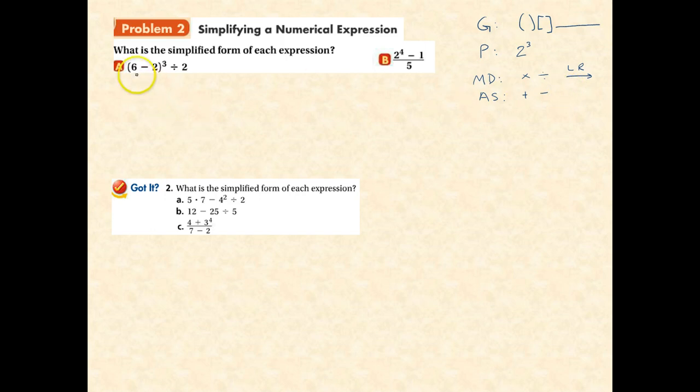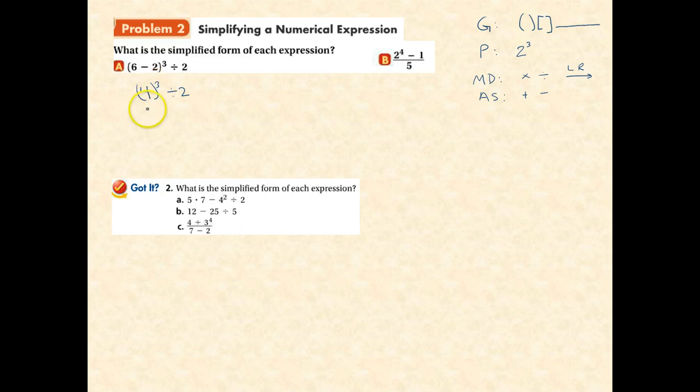So, grouping symbols. What's inside the grouping symbol? 6 minus 2. So what's 6 minus 2? 4. So now we got 4 to the third power divided by 2. What do I do next? Well, this says I do powers next.